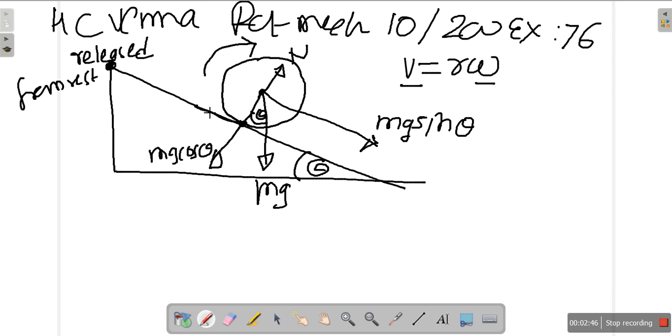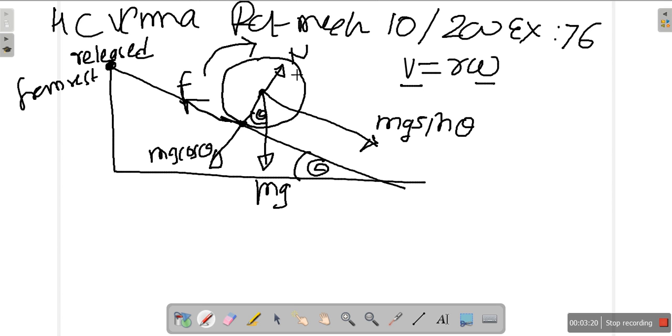Obviously the direction of frictional force must be this, so that it will produce a clockwise torque at the center, and this clockwise torque at the center will produce the required angular velocity. So the force of friction must be in this direction.